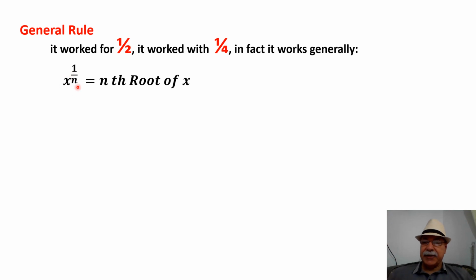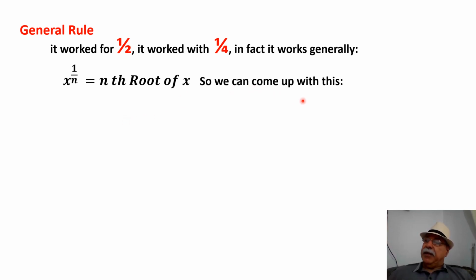Is it a square root, cube root, fourth root, fifth root, sixth root, seventh root? n here means the value of this root. And this means the value of the root for x. That's why he gives me the value of x in order to know about the root of x.